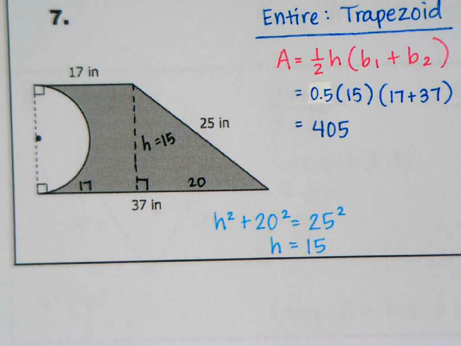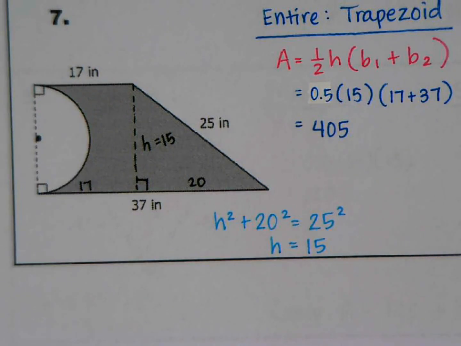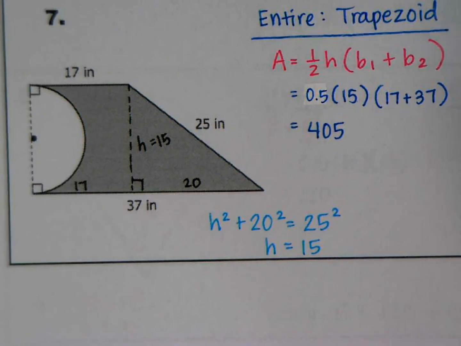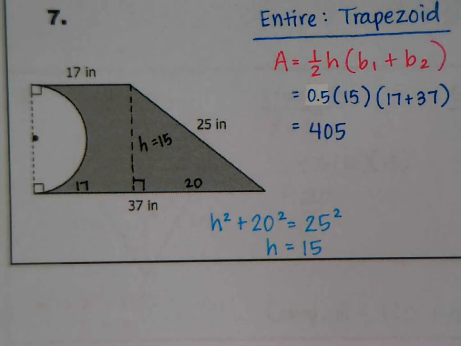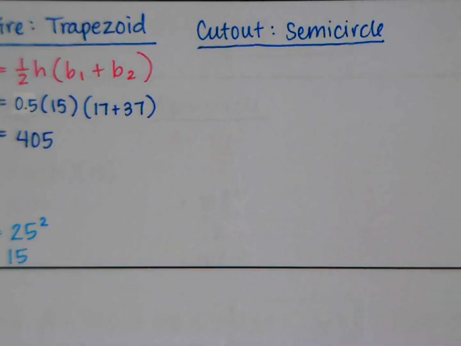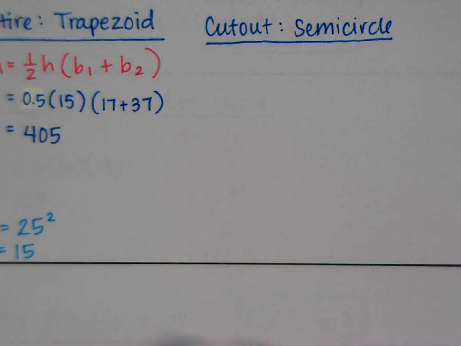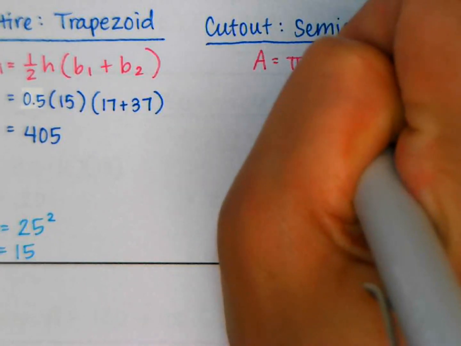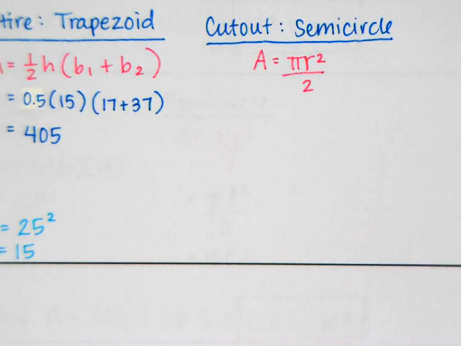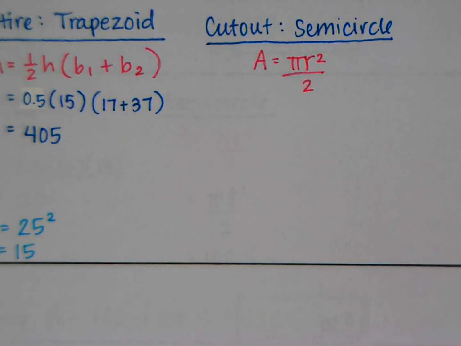What's the shape that's being cut out? The shape that is being cut out is a semicircle. All right. So a semicircle is simply the area of a circle, and then we cut it in half. The only thing we need is the radius. Let's looky here.